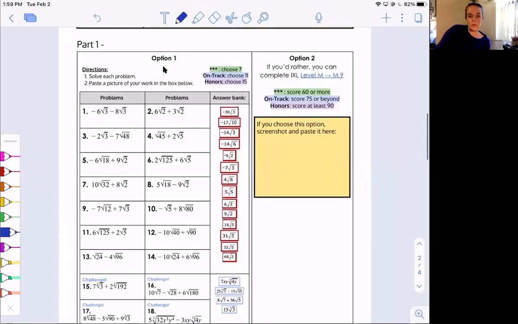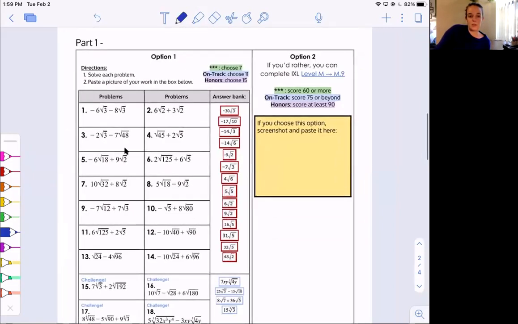Option 1 is on paper, so you have either 7, 11, or 15 problems on paper, or you can do IXL. If you like IXL, you're welcome to do IXL. This section is 20 points, either 20 points for the IXL or 20 points for the paper problems. Either way, you're going to get the same number of points.